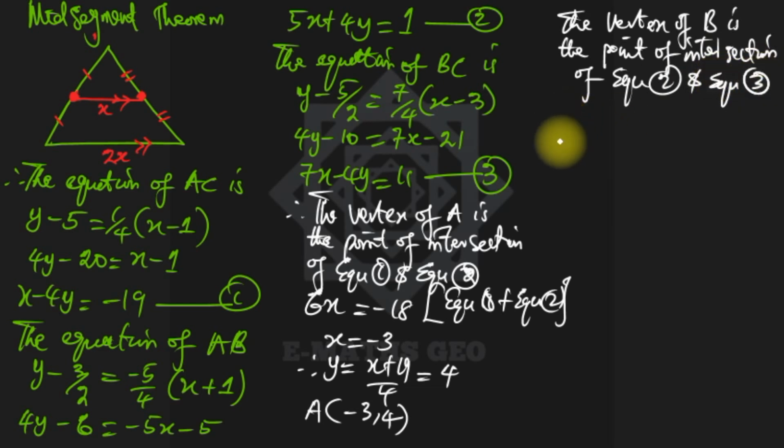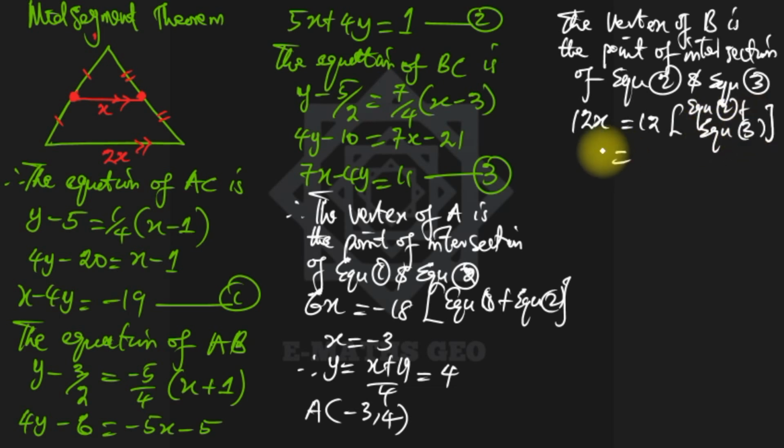Let's solve by elimination again. If we add equation 2 plus equation 3, we have 12x is equal to 12. So we have that x is 1.